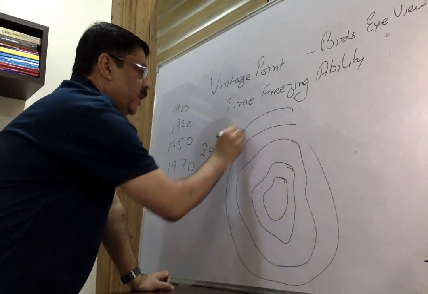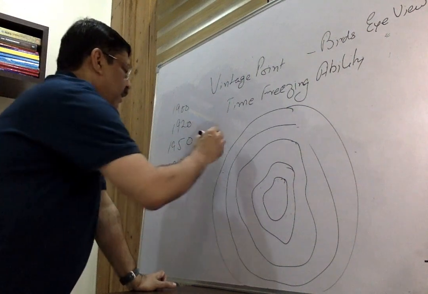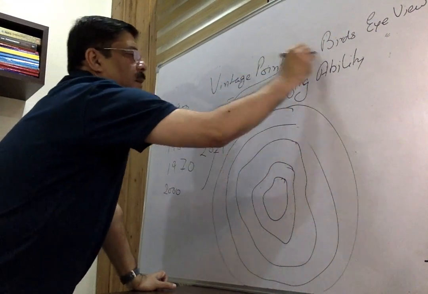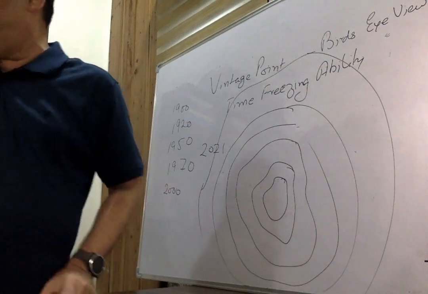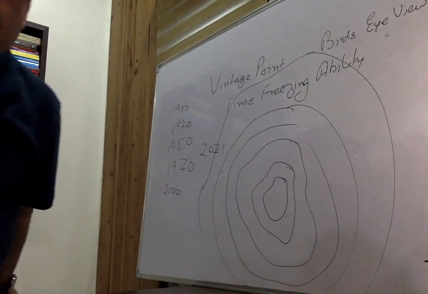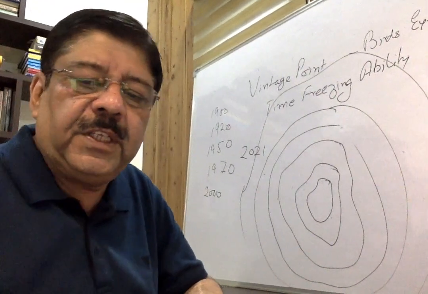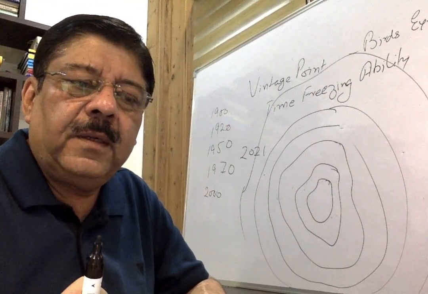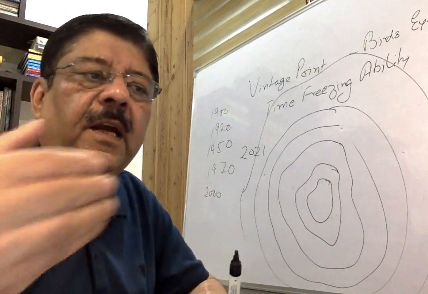In 2000 the city has become bigger, and in 2021, the present time, you can see the growth of the city, or its expansion. Suppose land use and landform have changed, so you can see the changing landform or changing land use.